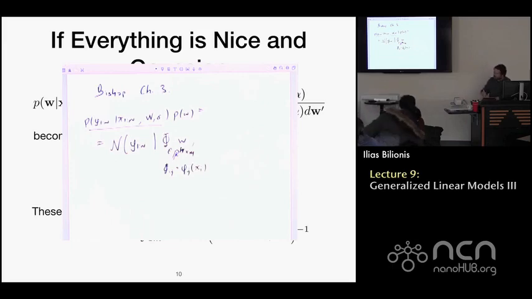The variance of that distribution is sigma squared I, and you multiply that with another Gaussian PDF, the PDF of a zero-mean Gaussian with a diagonal covariance matrix.